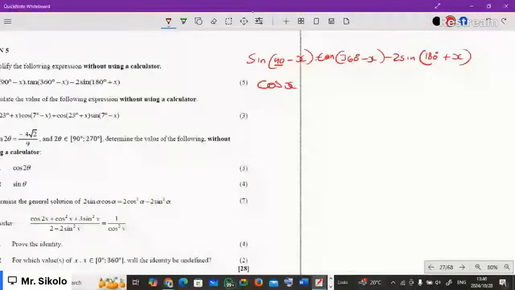Then, in multiplication, because it was sine(90 minus x) multiplied by tan, we take the negative sign, so we put it in front, and it is going to change the sign of the whole expression, remember, because of the multiplication.